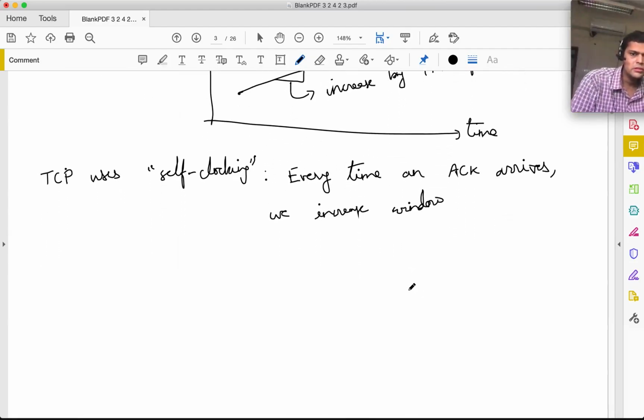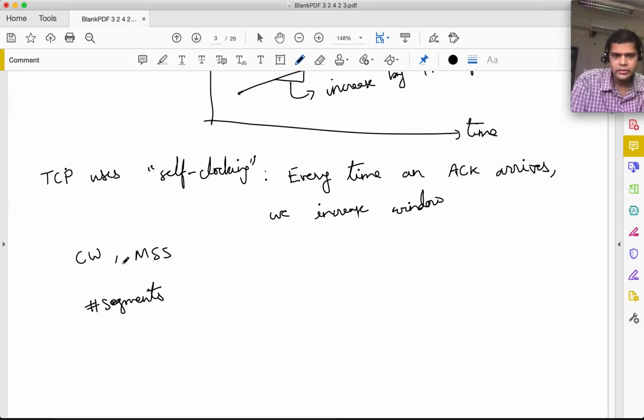So suppose congestion window is CW, and let's say that maximum segment size is MSS. So this is a number in bytes. What is the number of segments which I have sent out? I'm assuming the CW is a multiple of MSS, just to simplify things.